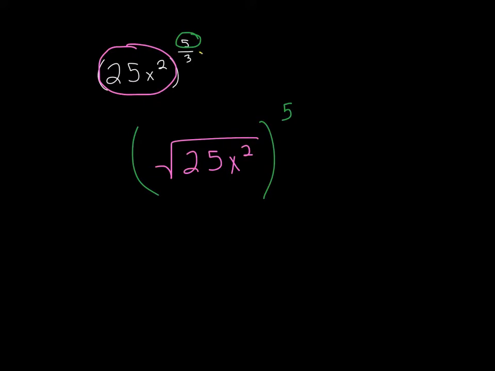And then my index is a 3. Now, I can group the whole thing outside for the exponent. You can group it inside. So it could have been written like this as well. Either way would have been okay.